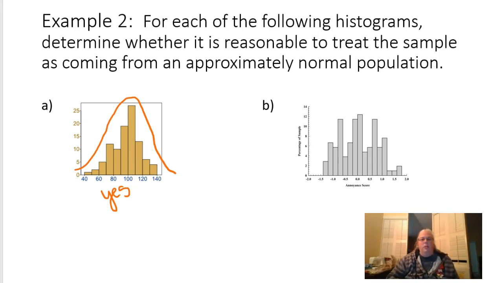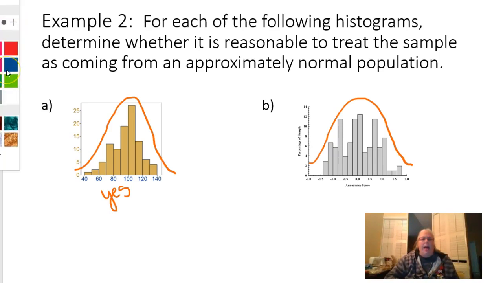When I go to look at this one over here, I'm sketching my normal curve over the top of it. You'll notice that whereas in graph A, we've got one peak and everything goes downhill to the left of it and downhill to the right of it, over here in graph B, we're increasing.